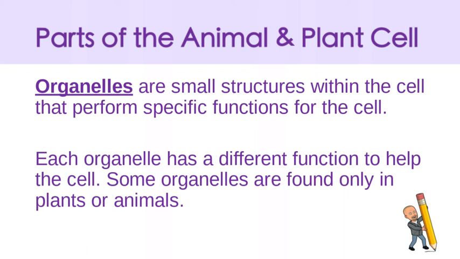All living things perform functions like breathing, taking in food, removing waste, those characteristics of life that we talked about last week. And cells perform functions that allow those organisms to be alive. So it's the organelles that are going to help us with that.